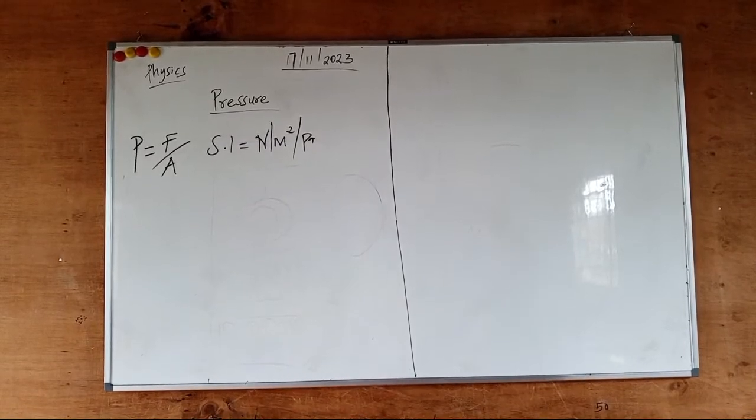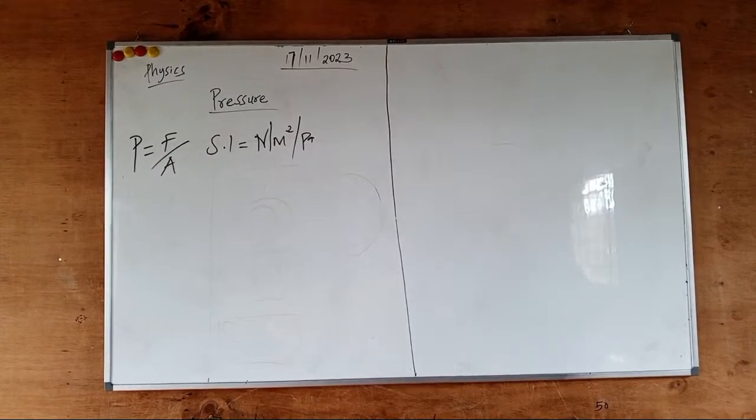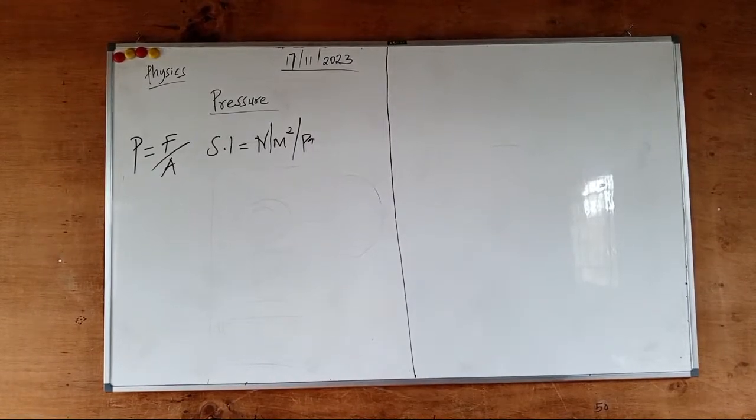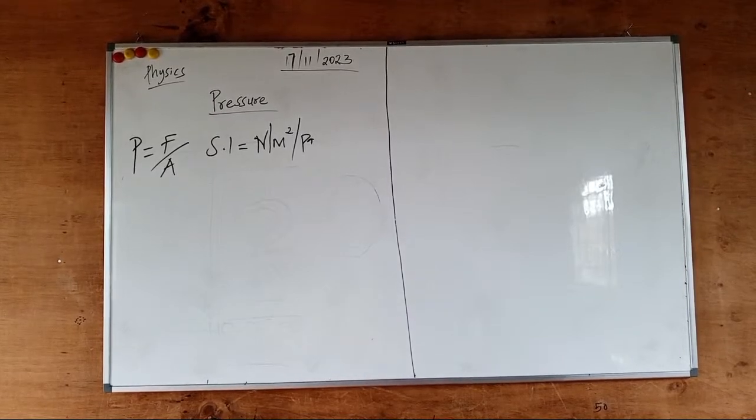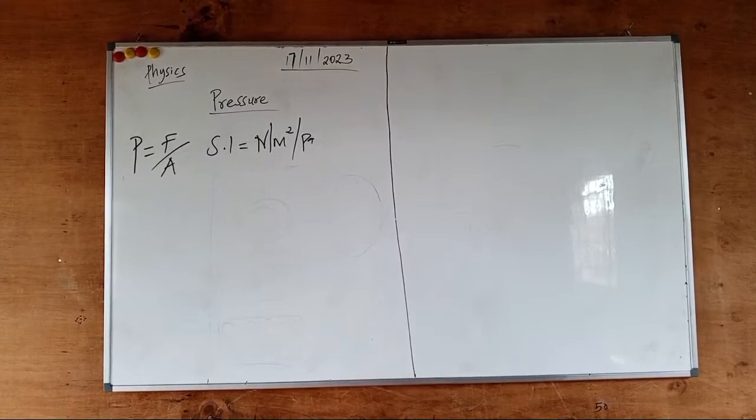So a block of wood that weighs 30 newtons and measures 5 meters by 10 meters by 4 meters, if it is placed on a table with the largest possible area of 5 meters multiplied by 10 meters in contact with the table, exerts less pressure than blah blah blah. Nimepata example nilikuwa nataka. Mnaweza andika hii.